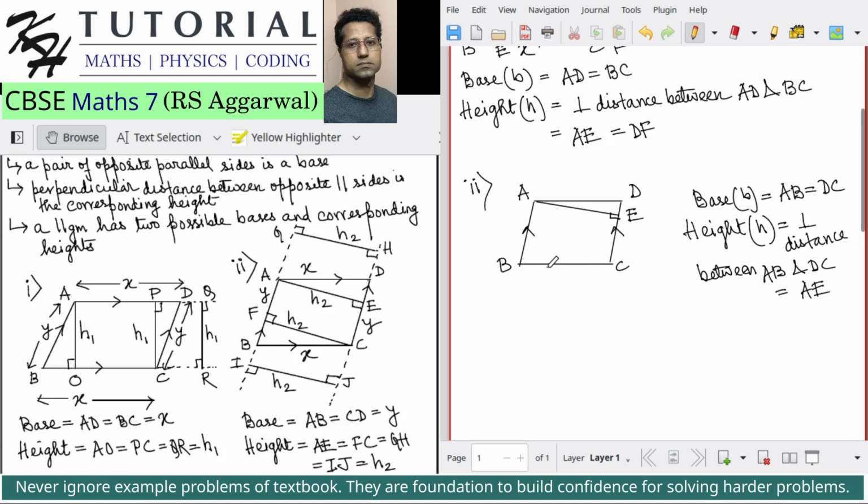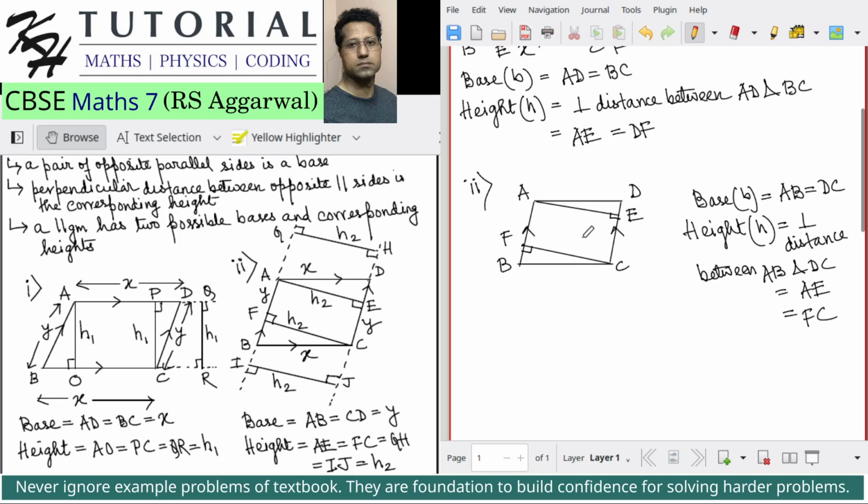For example, another perpendicular distance can be that I can drop a perpendicular from the vertex C on the side AB. Let's say this point F. So considering the base as the opposite parallel sides AB and DC, the corresponding height can also be FC, since FC is the perpendicular distance between the parallel opposite sides AB and DC, which are considered as the base.